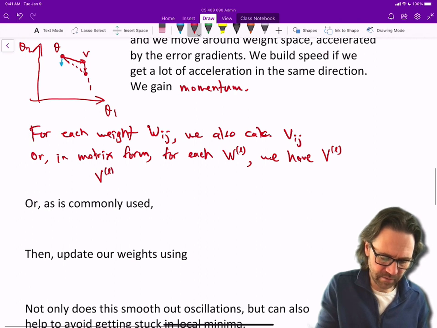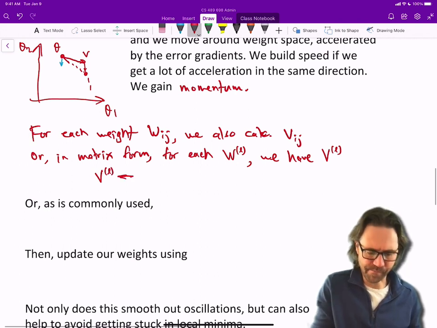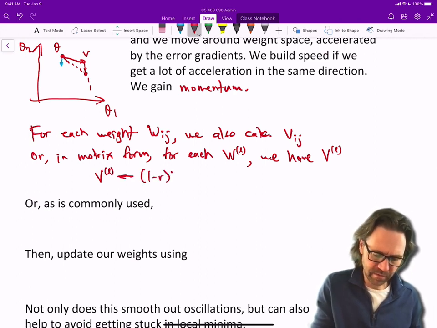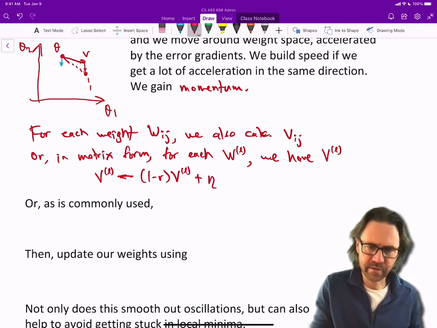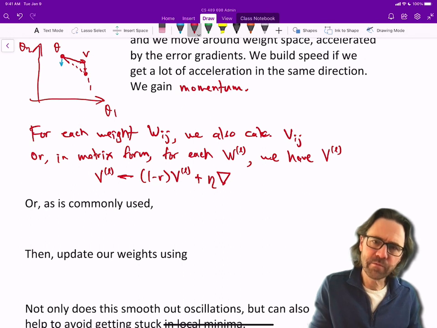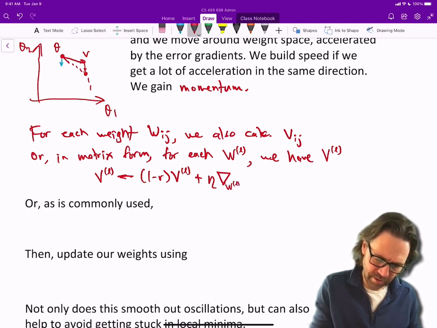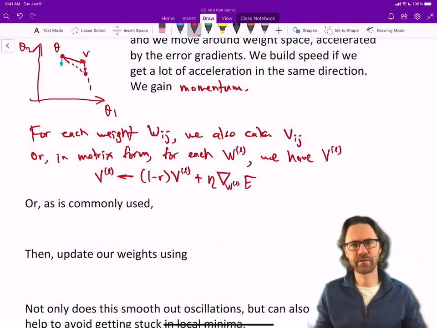So VL is going to get 1 minus R times VL from the previous time step plus eta times the gradient with respect to WL of the cost.